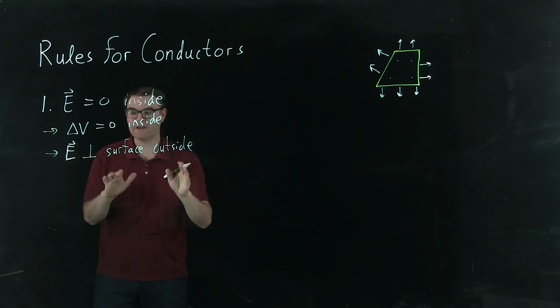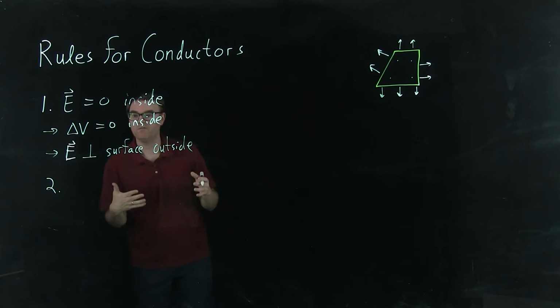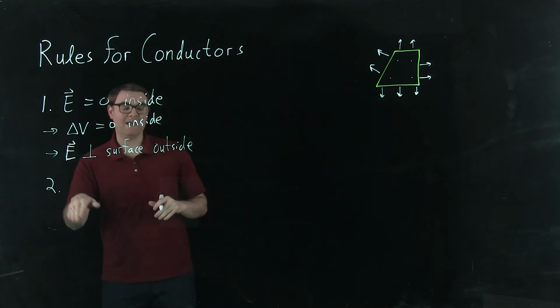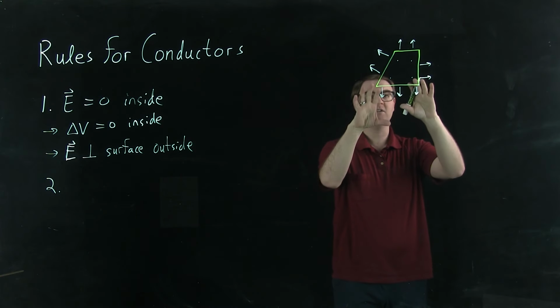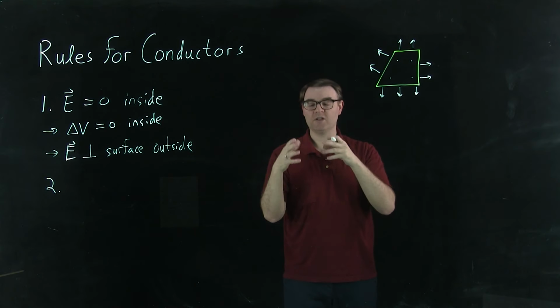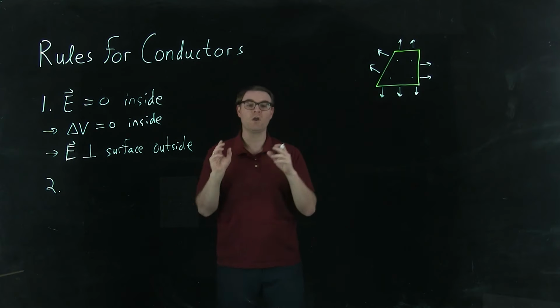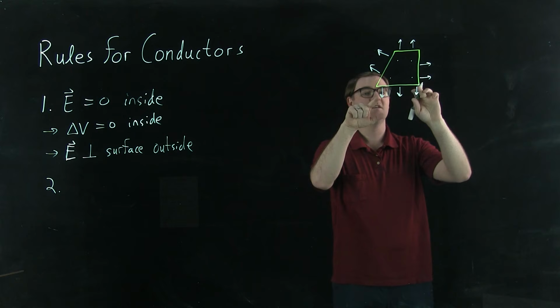So we're going to add a couple of extra rules here, and I'm not going to prove these, but there's good rationale for them based only on what we've done so far. One of them is that all of the charge that lives on the metal is either going to be neutral, electrons and protons all paired up nicely, not doing anything interesting, or that charge is going to live on the surface of the metal.